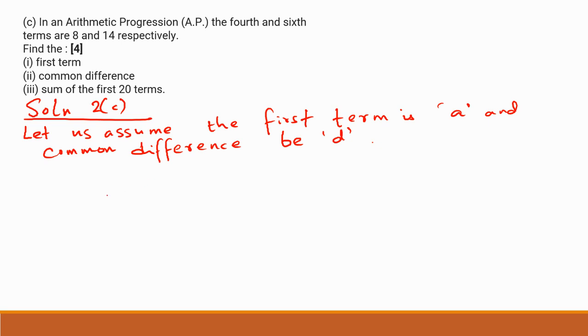So what is the first term and the common difference? At least the first two questions they are asking this.